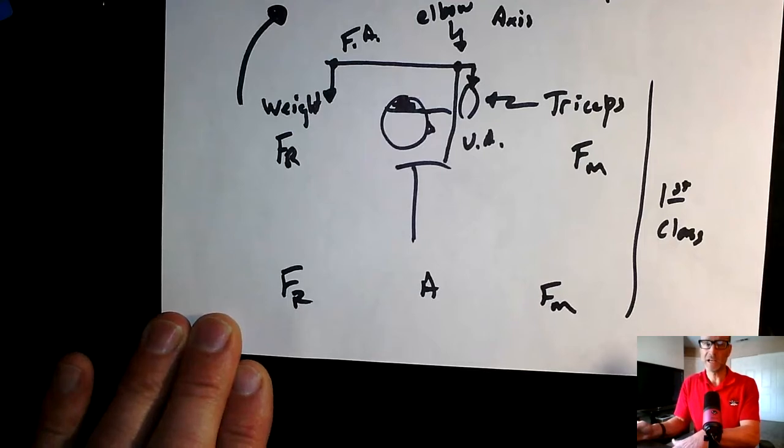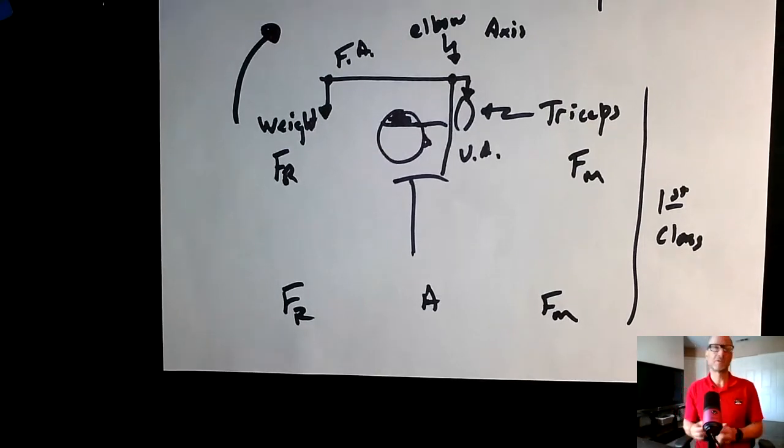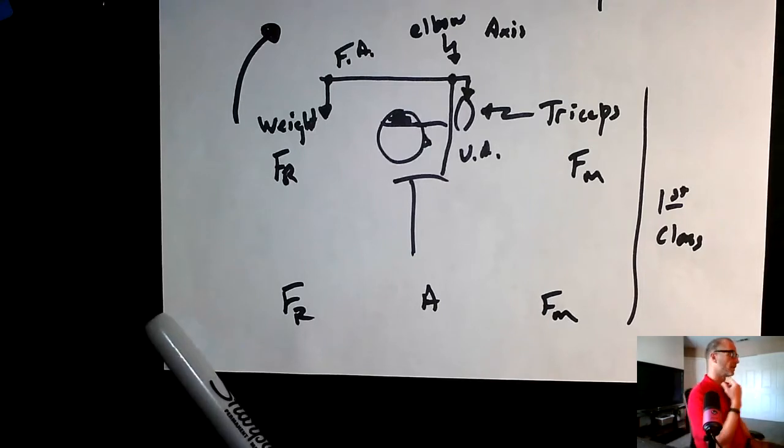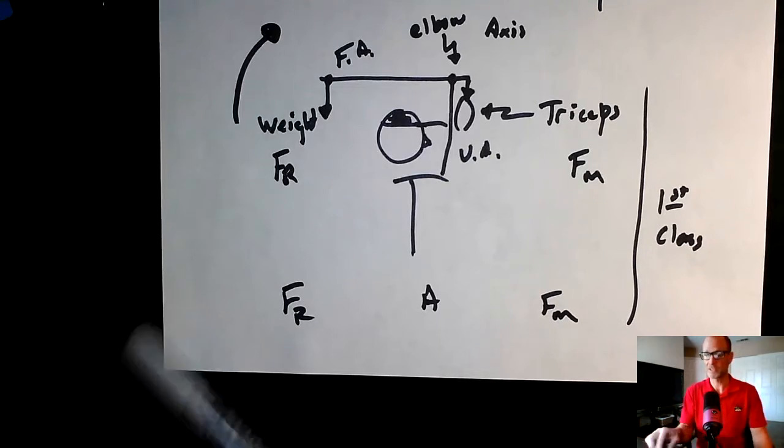There are not a lot of first-class levers in the human body. Another one that I often use is just nodding yes. In that case, the muscles on the anterior aspect, when I go from this position to this position, will be causing the action, so that will be the motive force, and then the muscles on the posterior side will contract eccentrically and provide resistance, and so those muscles would represent the resistance force.